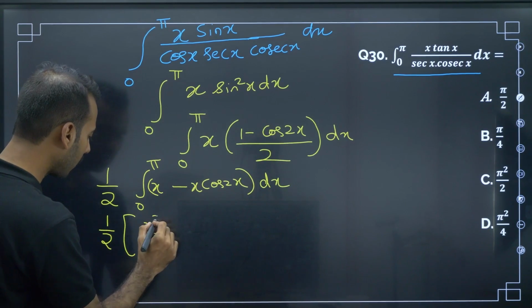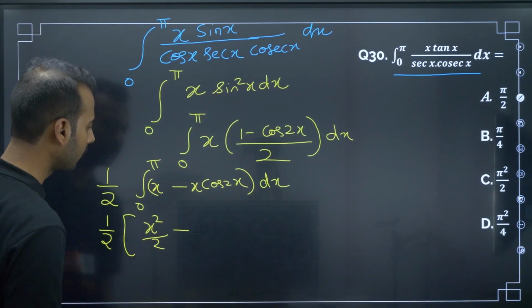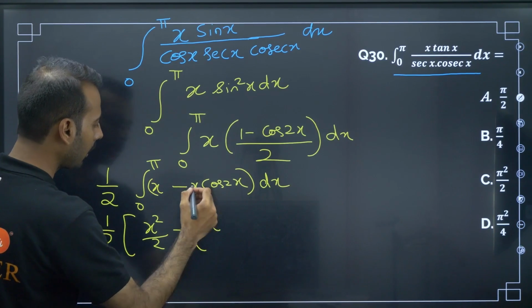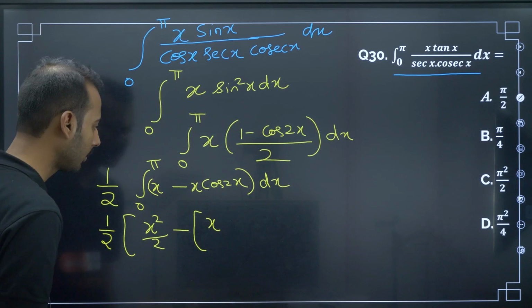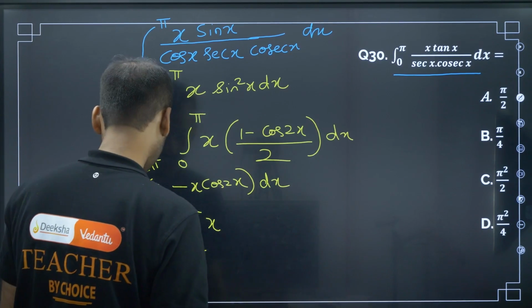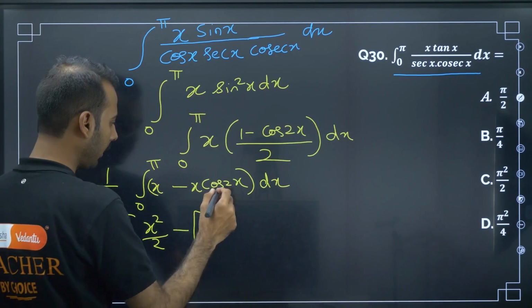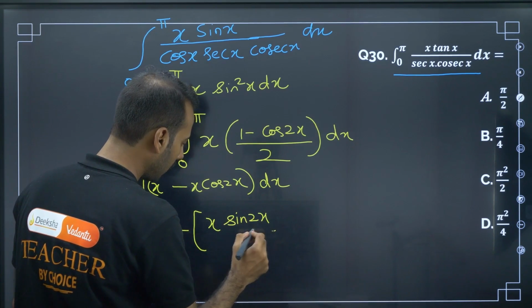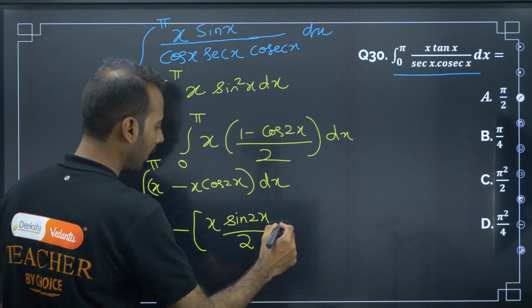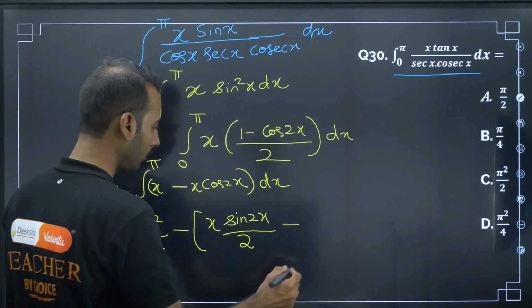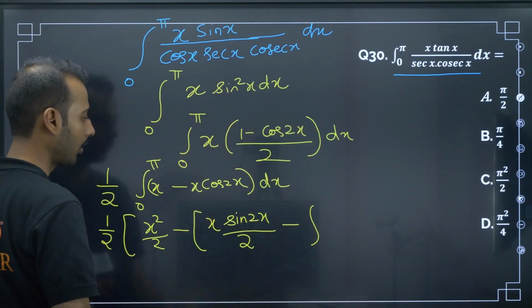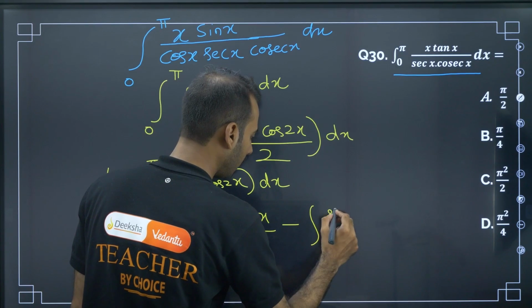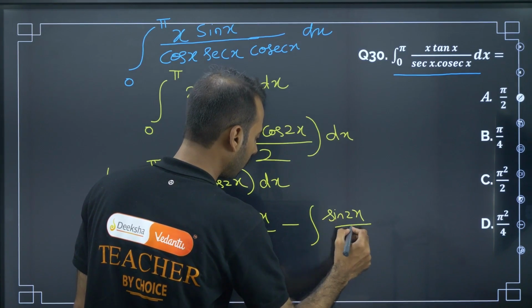X square by 2 minus x. Integration of cos is sin 2x divided by 2 minus integration d by dx of first function is 1.